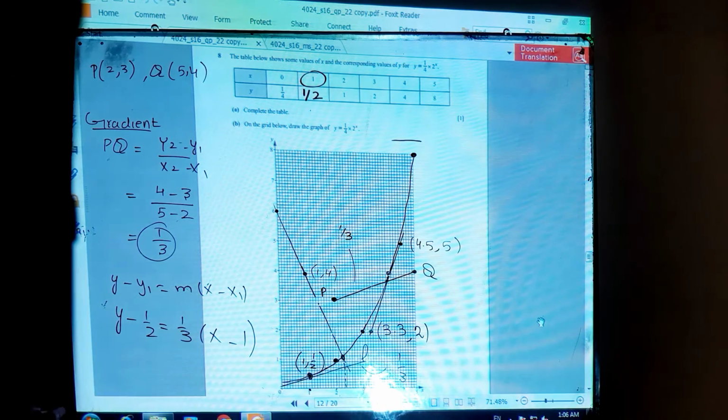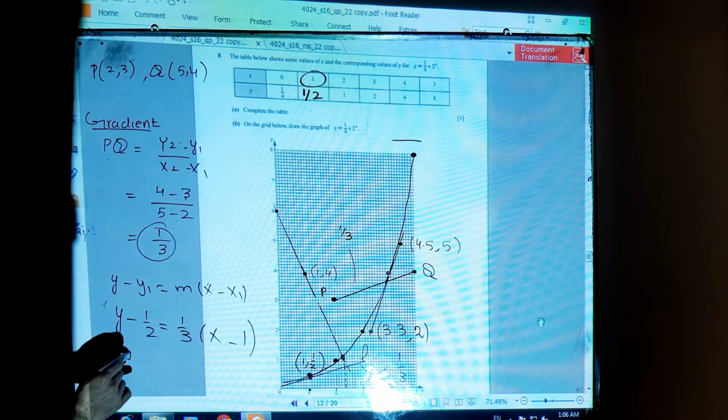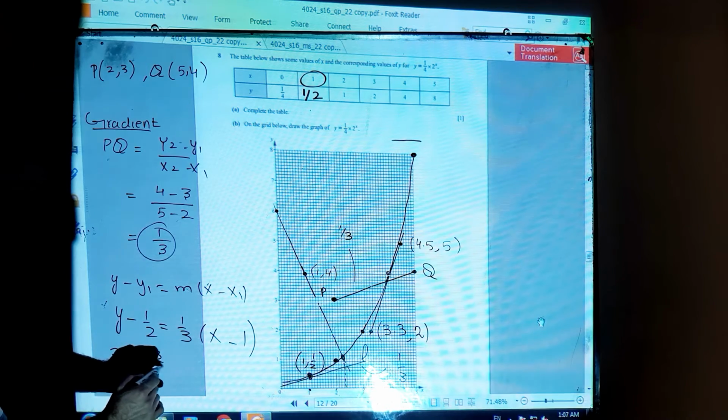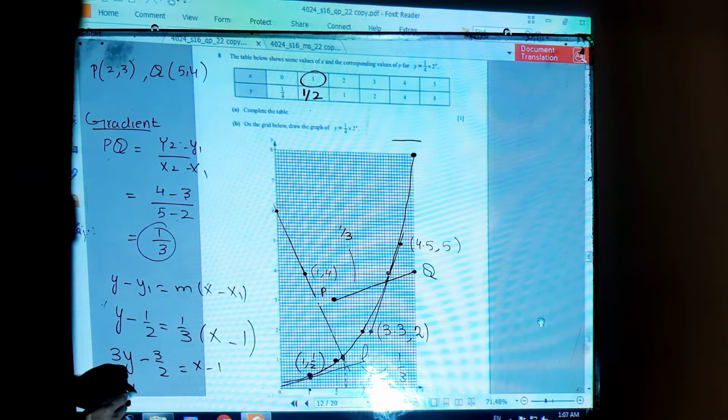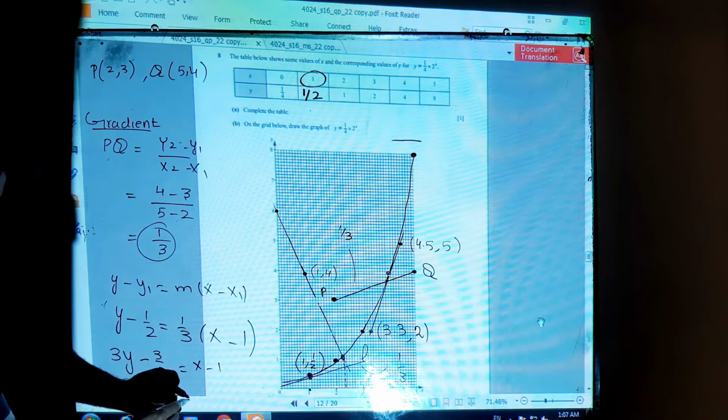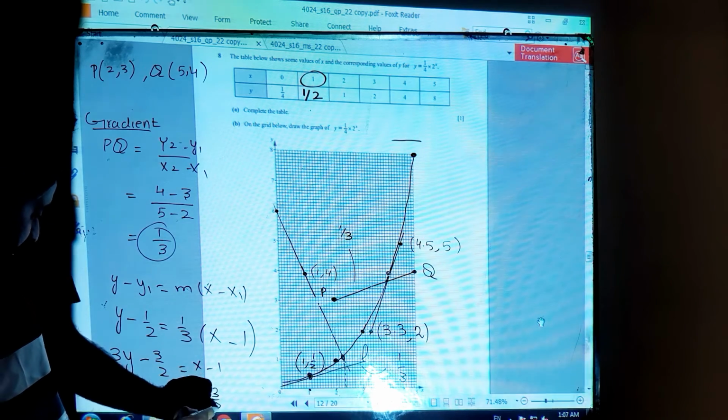You can further simplify it. 3 into y is 3y minus 3 over 2 is equal to x minus 1.